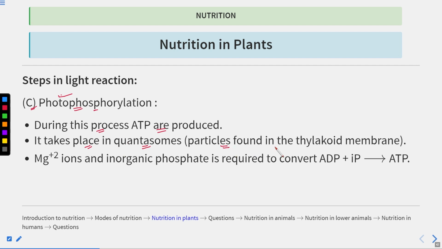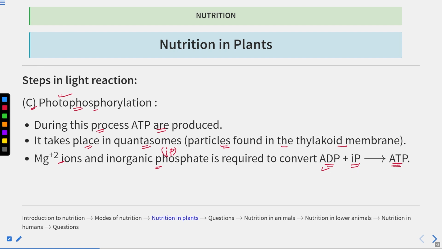These are the particles which are found in the thylakoid membrane. Magnesium ion and inorganic phosphate, denoted by small iP, are required to convert ADP into ATP. So ADP, adenosine diphosphate, combines with the inorganic phosphate and forms ATP.